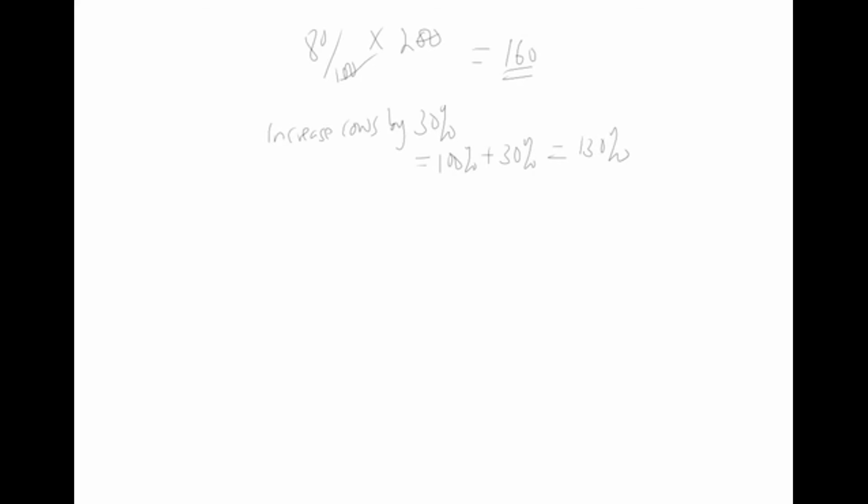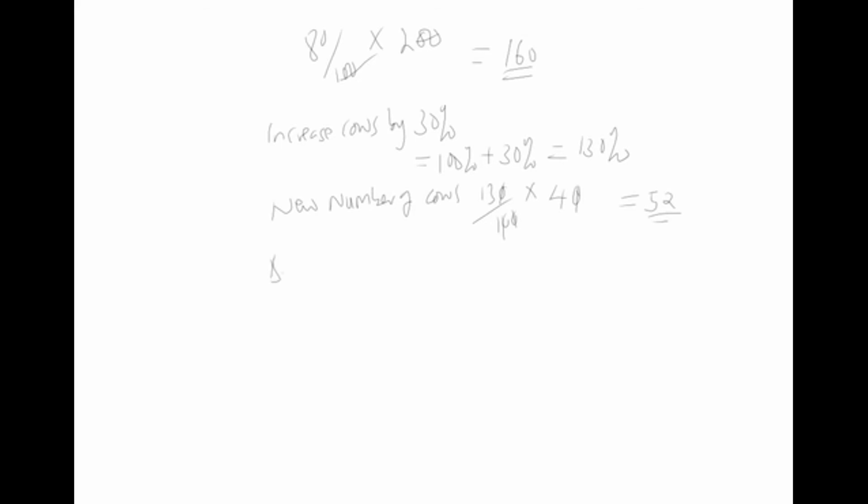Then to get the new number of cows, we get 130%, that is 130 over 100. We multiply by the initial number of cows, which is 40. So we cancel these zeros. 13 times 4, this one will give us 52. So that is the new number of cows.